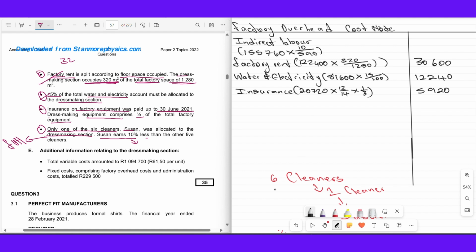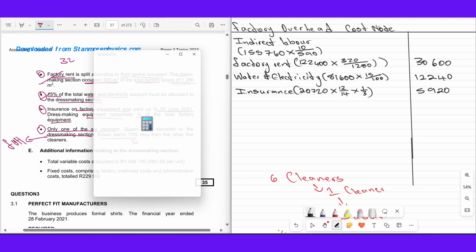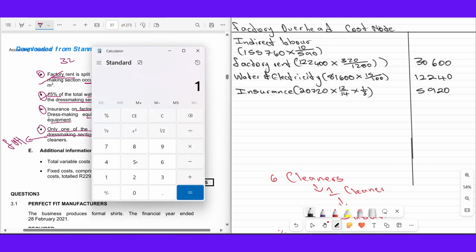So when we put this in the calculator, we are going to get how much? 155,760 times 10 divided by 590. You're going to get 2,640. So you're going to record 2,640.